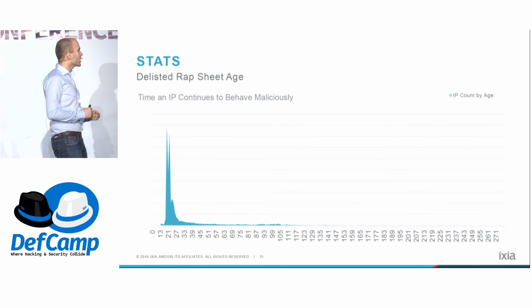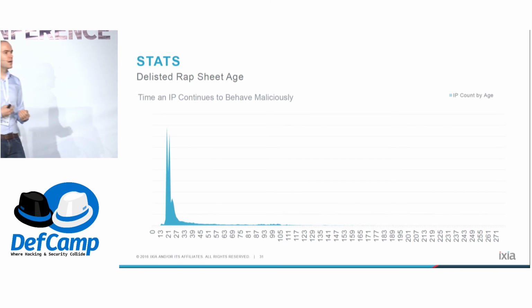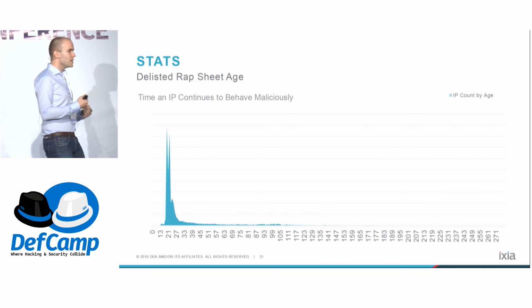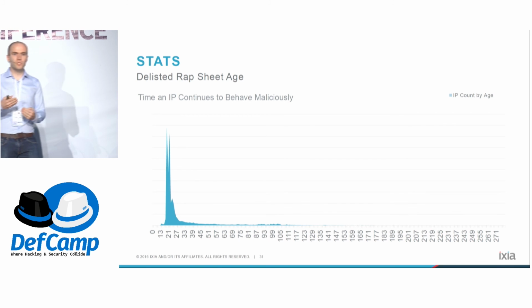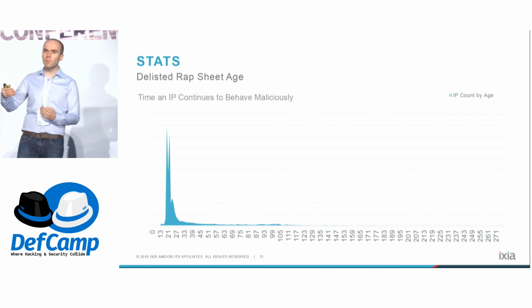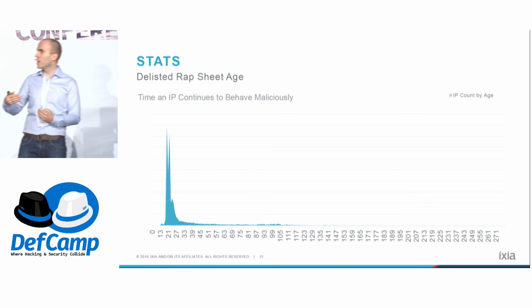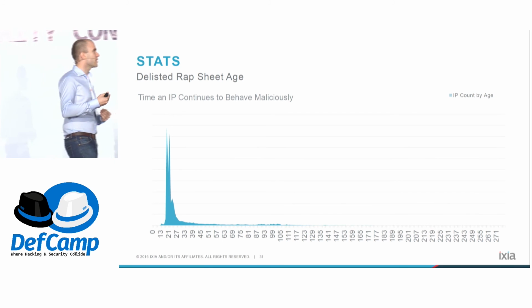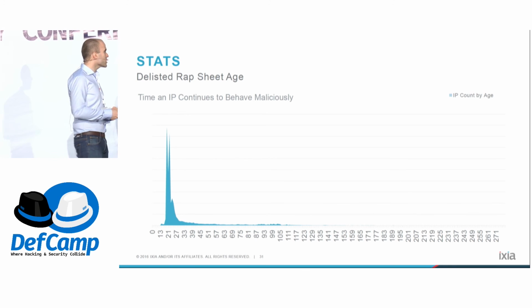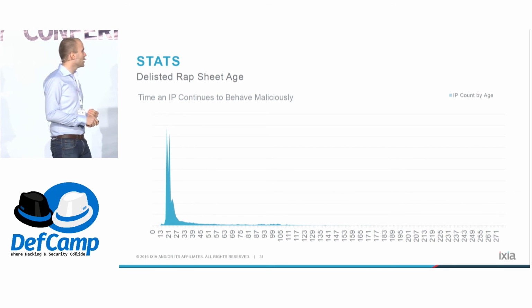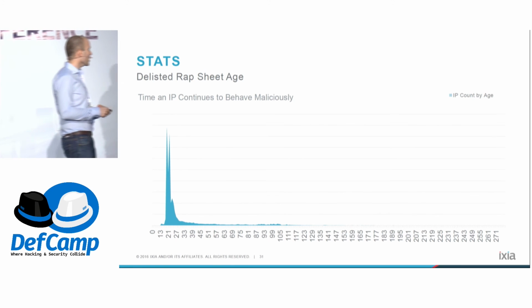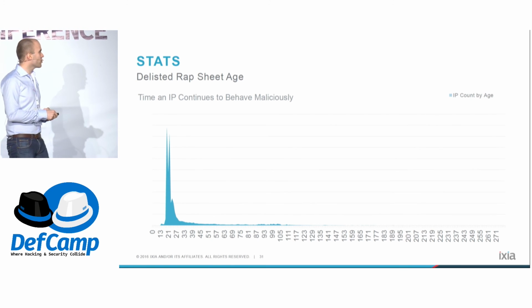Another stat here is the delisted IP distribution. These are IPs which were active at one point in time, and then became inactive. There's nothing malicious there anymore. As you can see, most of them tend to get delisted after around 30 days, and afterwards you have a pretty long tail.